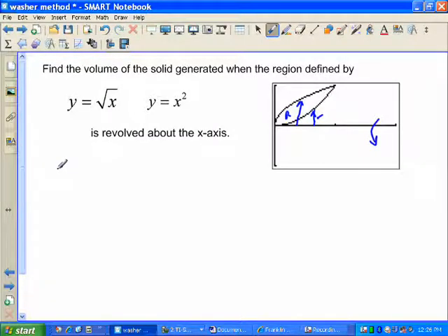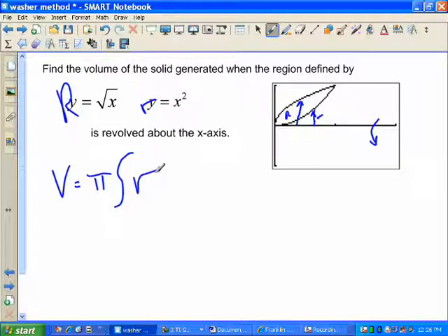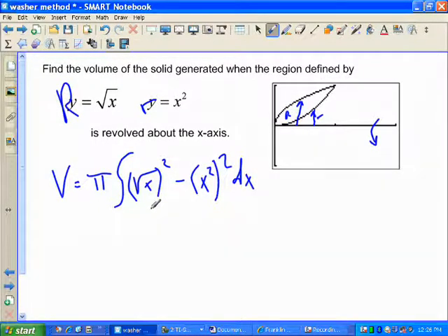So the formula for the volume is pi integral of big R squared minus little r squared dx, where big R is y equals the square root of x, and little r is y equals x squared. Again, this is the whole, and this is the hole.